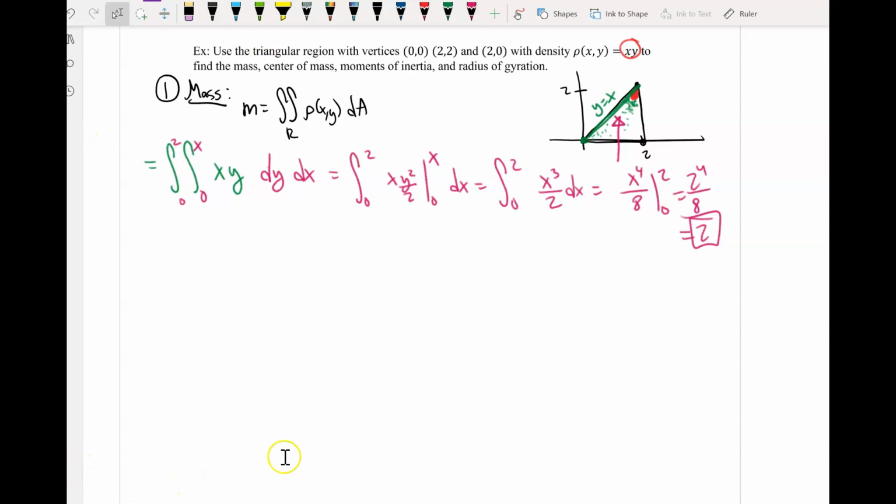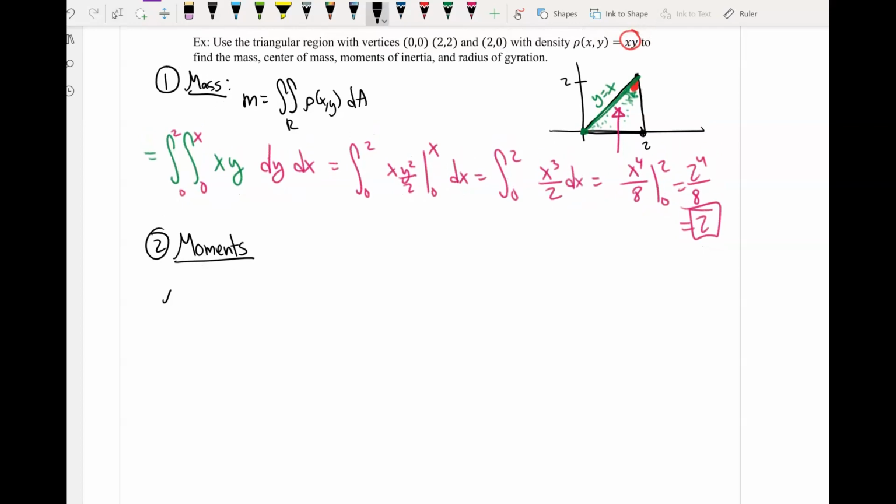Now all I have to do is find the center of mass. Remember, in order to find the center of mass, I need to find my moments, so let's start with the moments.